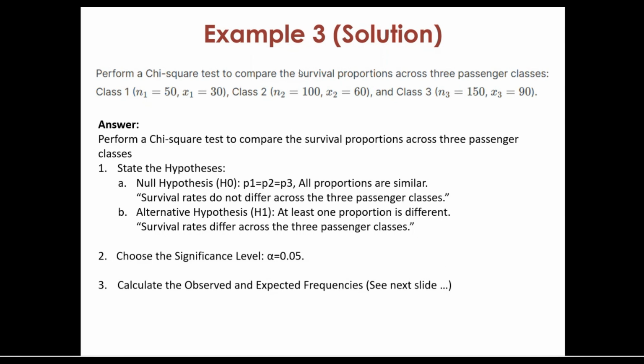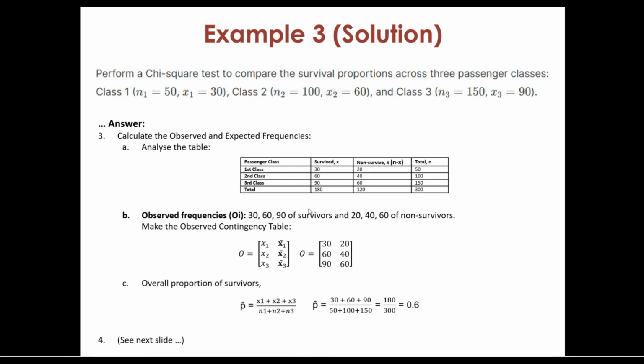So for three populations, the steps are different. You have to come up with the contingency table first. So first, you turn this data into a contingency table.